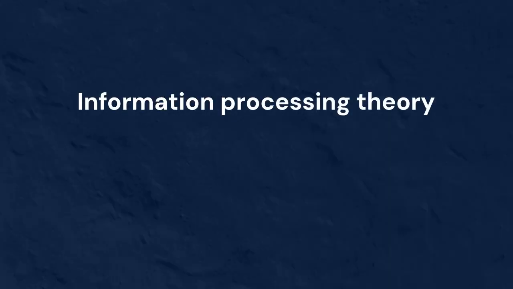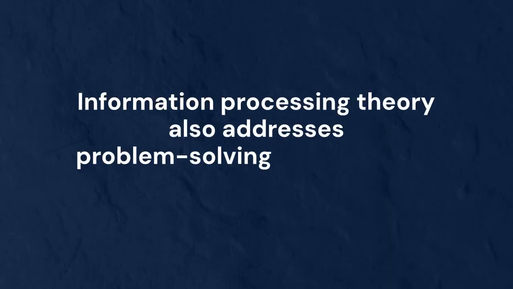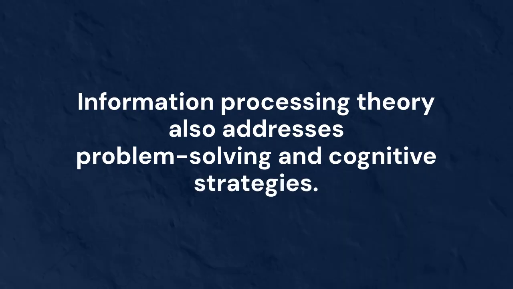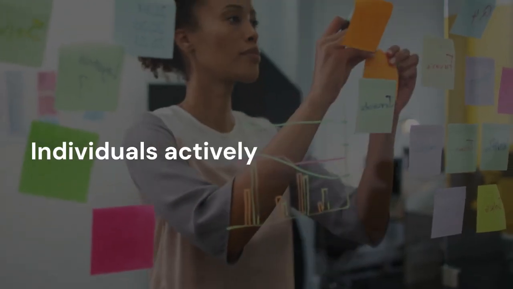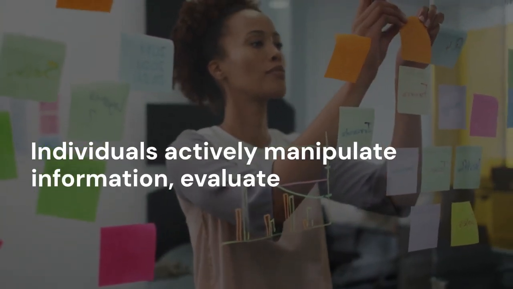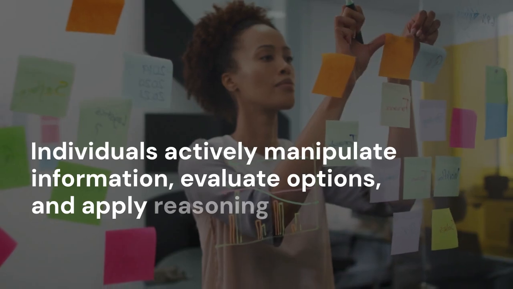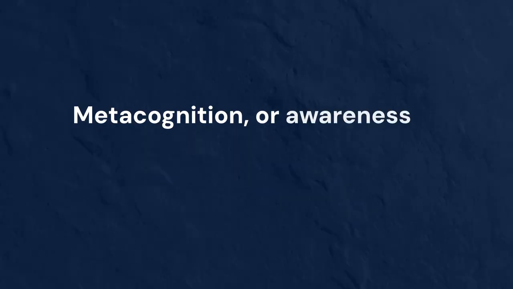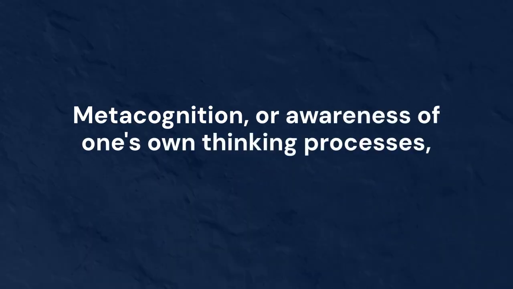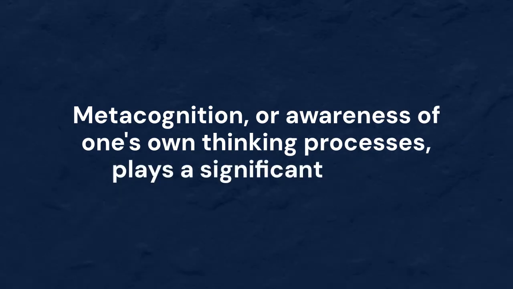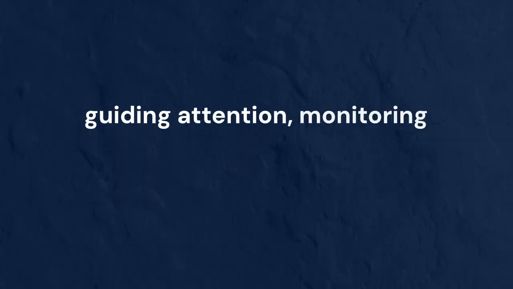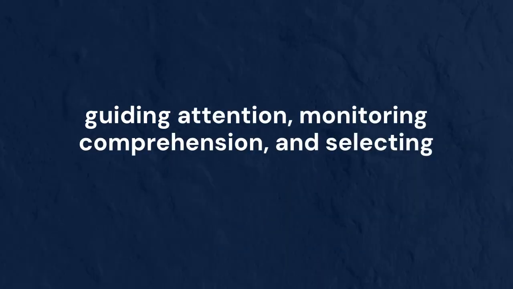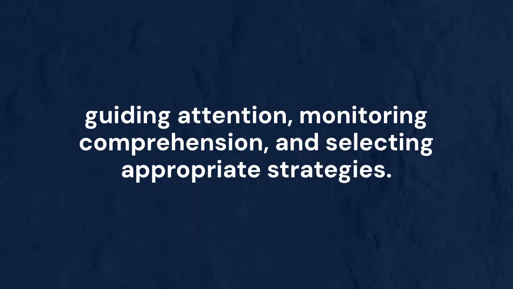Information processing theory also addresses problem-solving and cognitive strategies. Individuals actively manipulate information, evaluate options, and apply reasoning to achieve goals. Metacognition, or awareness of one's own thinking processes, plays a significant role in guiding attention, monitoring comprehension, and selecting appropriate strategies.